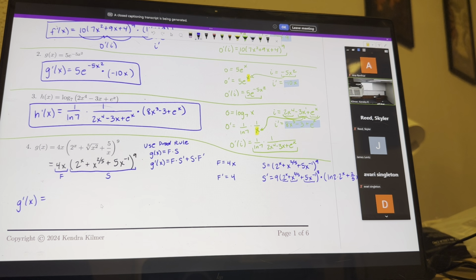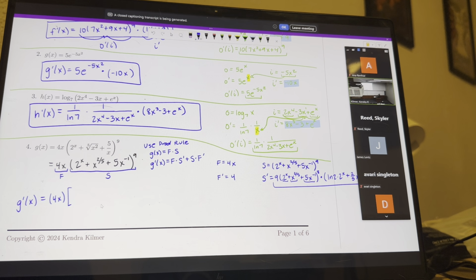So if we put these all in here, f is 4x, and I'm going to put every component of the product rule in parentheses just to make certain that there's no issues with order of operations. So we have the first times the derivative of the second. So s prime is this whole long thing here, so I'm going to put brackets around all this.